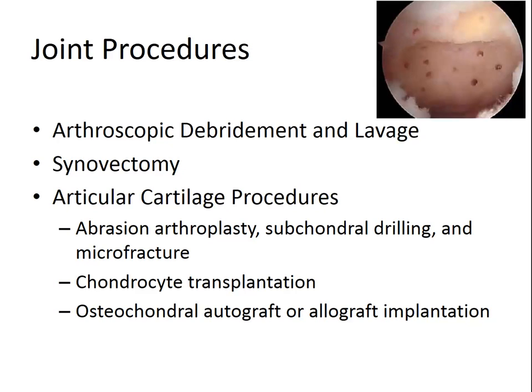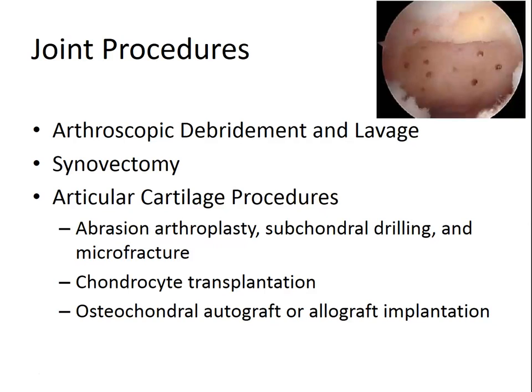And they can also do several different types of articular cartilage procedures. So they can do a subchondral drilling, they can do an abrasion arthroplasty and a microfracture. The picture I have on the top right is an example of a microfracture. So what they will do is they will literally either tap holes or bore holes within the bone, and the idea is it's trying to stimulate growth and healing of that tissue.